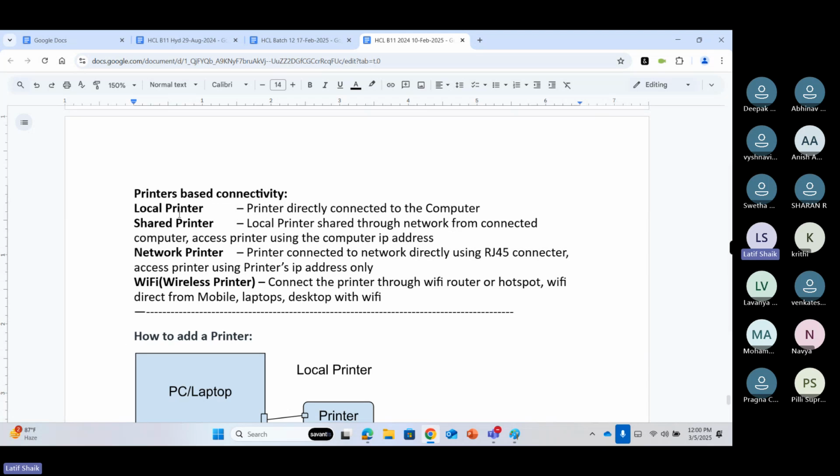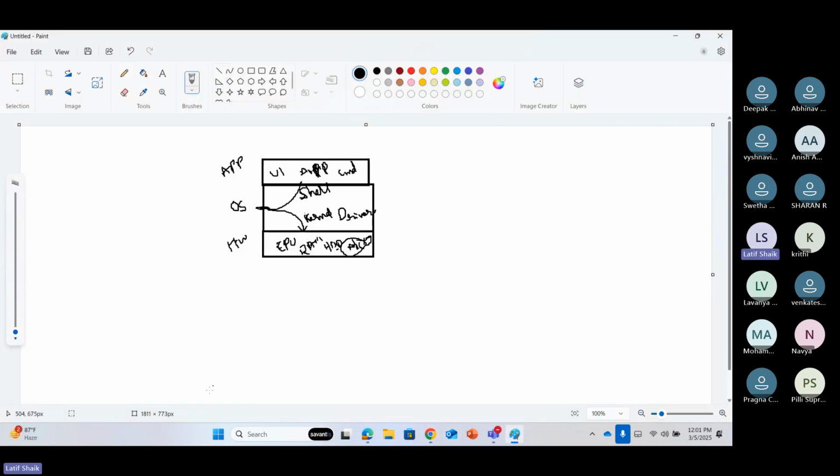Based on how you are connecting the printer, that is, based on the connectivity, we call that printer a local printer, a shared printer, or a network printer.